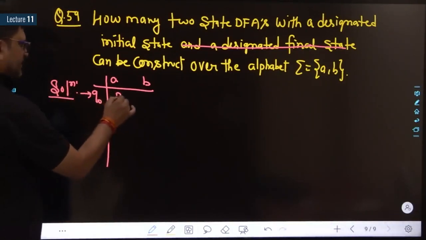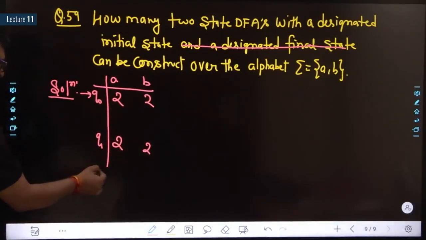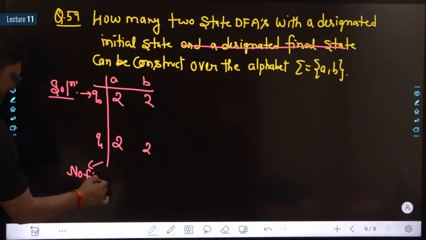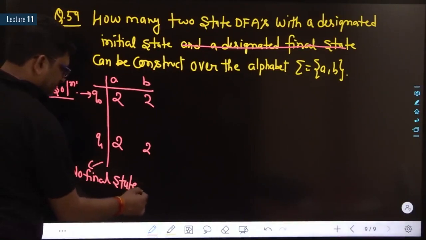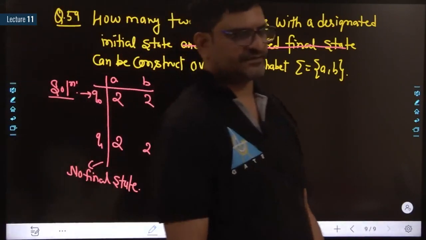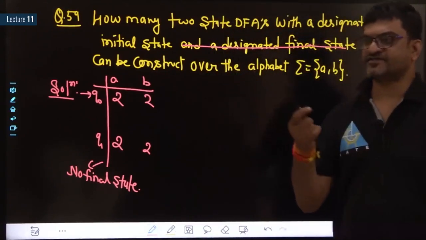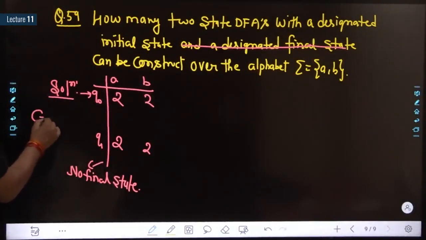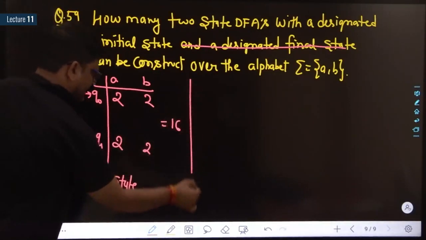This is for no final state. Is it also possible? No final state, neither Q0 nor Q1, because final state is not fixed. Clear? This is case 1. How many DFAs? 16.